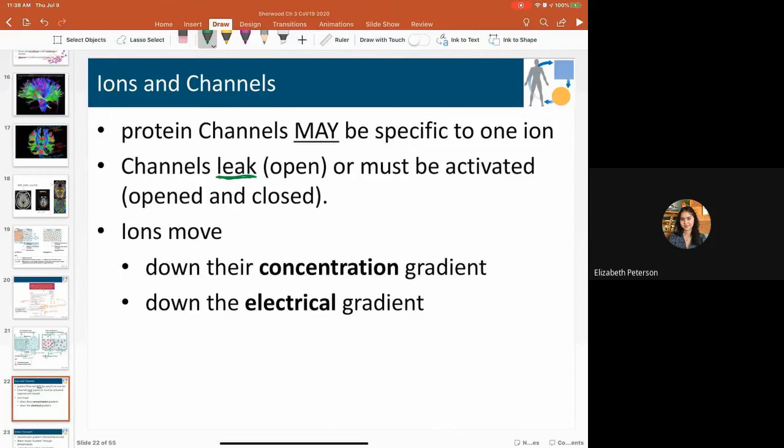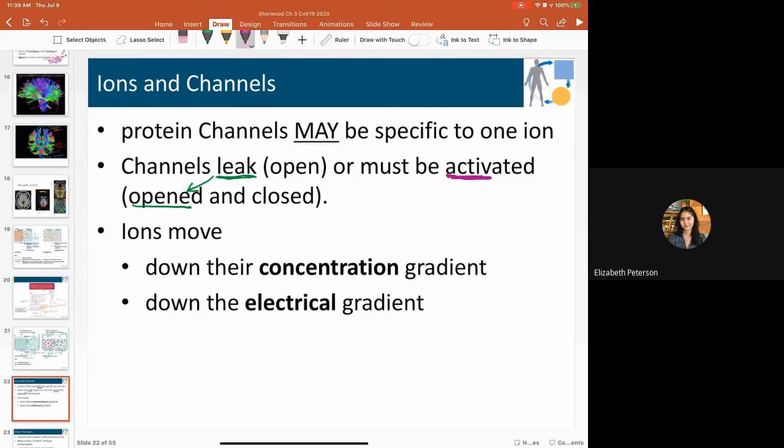It's dependent on the permeability of the ion, and it's also dependent on the concentration and electrical gradients for those ions. A leak channel is always open, but some other channels have to be activated.